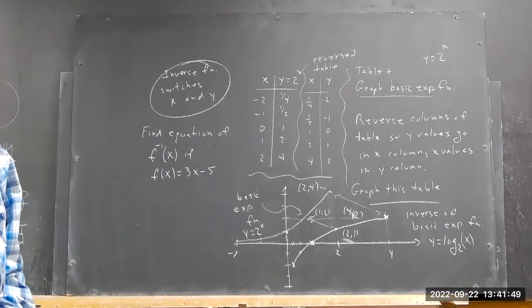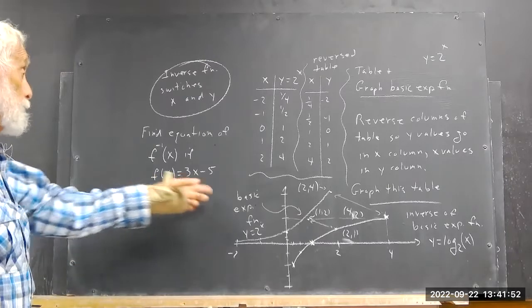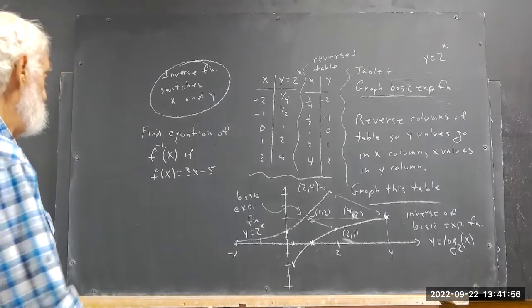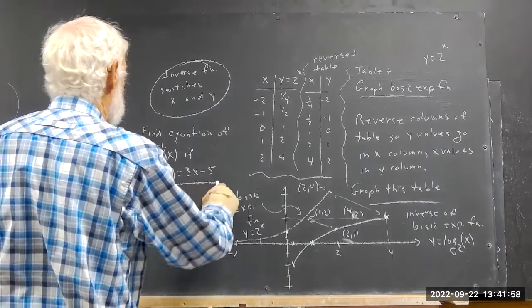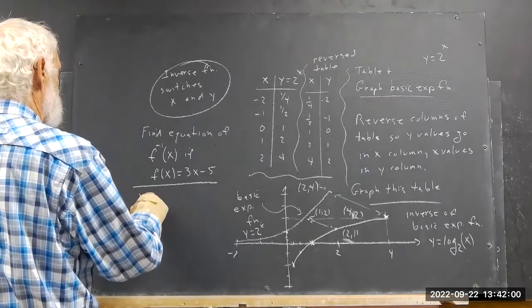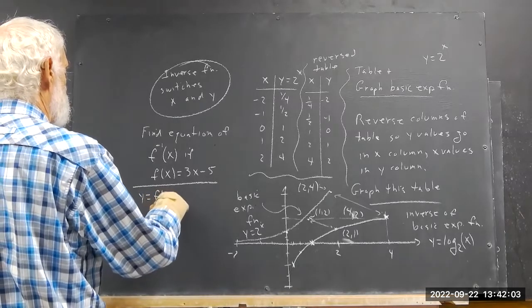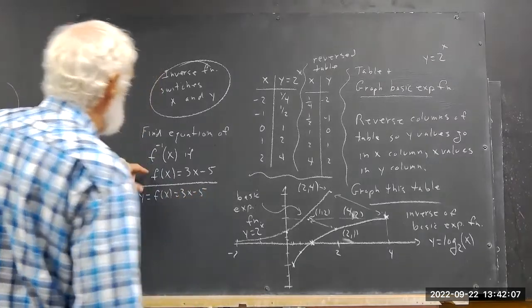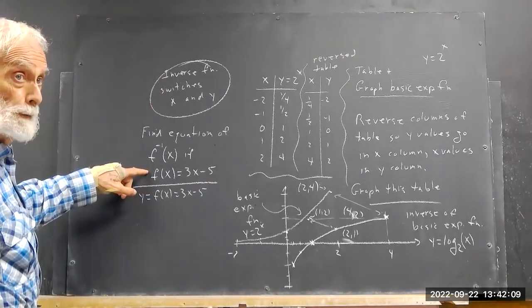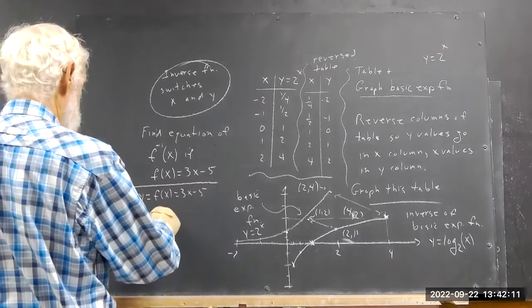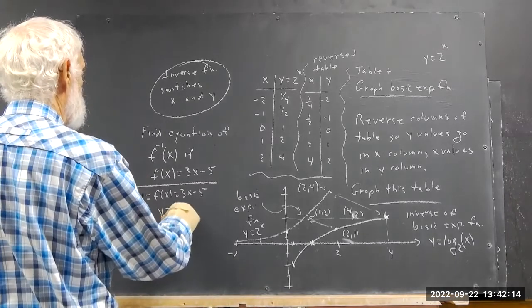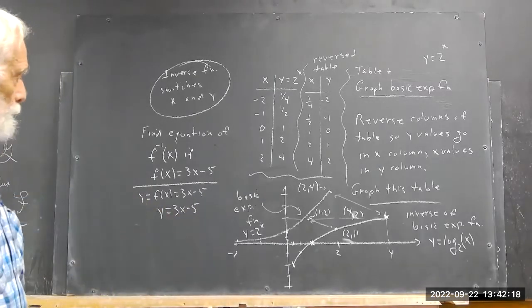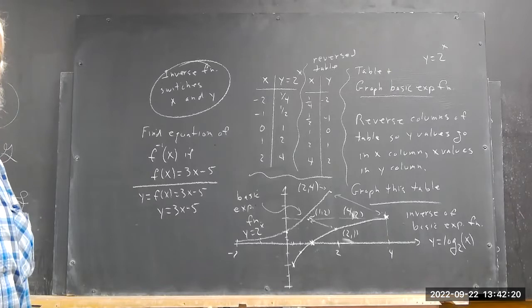So you could do a table, y versus x, but first of all, you let y equal f of x, right? And then you can write y equals 3x minus 5.